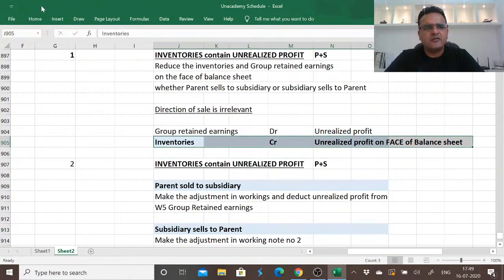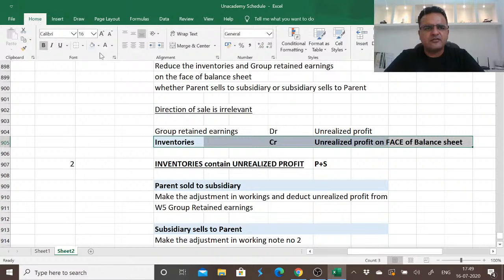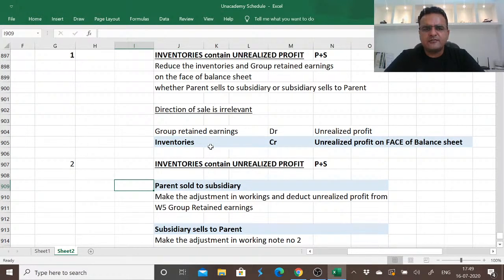So inventories anyway are getting added, parent plus subsidiary's inventories. We need to remove the unrealized profit from the inventories. This entry will be credited whoever is selling to whom. The inventories are inflated, whether parent's or subsidiary's, they both are added together on consolidation.